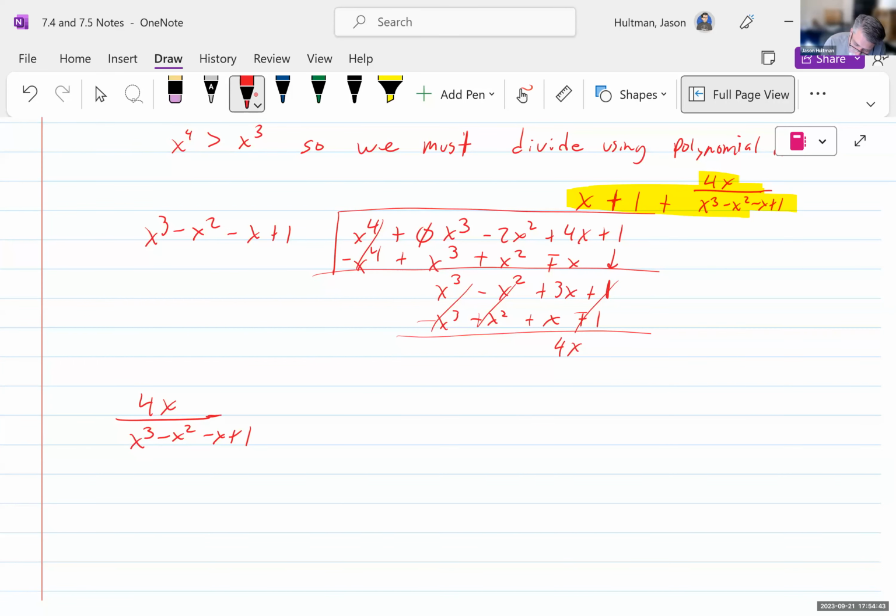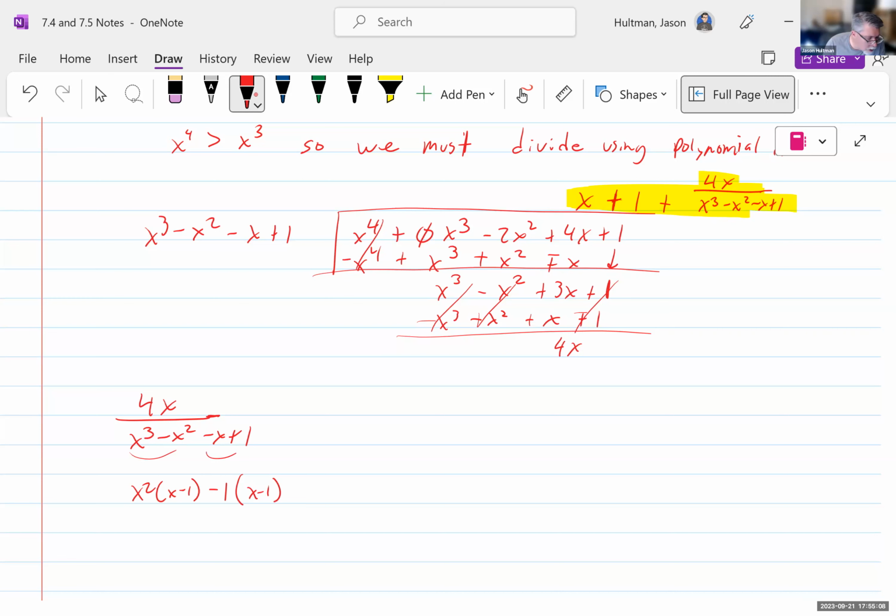And so I need to factor the denominator. So I'm going to use factoring by grouping. I'm going to group the first two terms and the last two terms. And that's going to get me x squared times x minus 1 minus 1 times x minus 1. Okay, good. I like what we've done there.